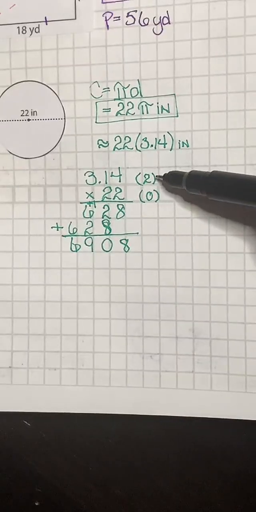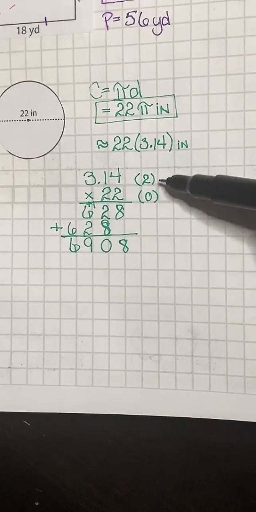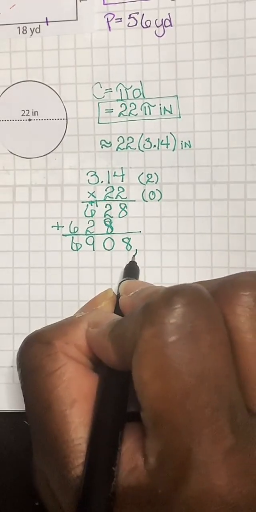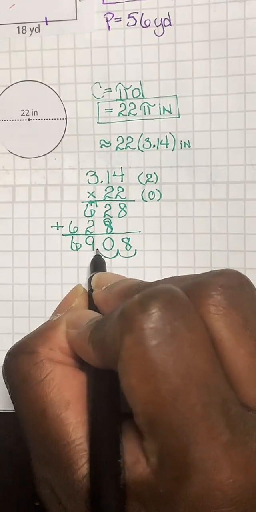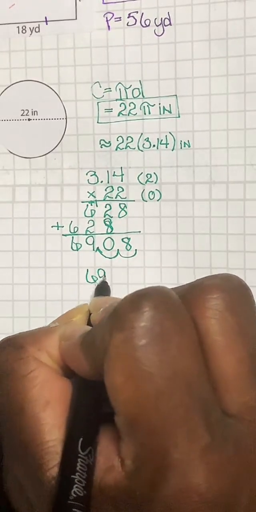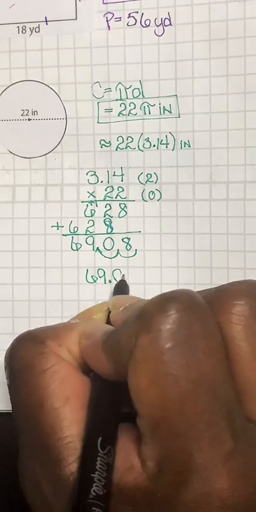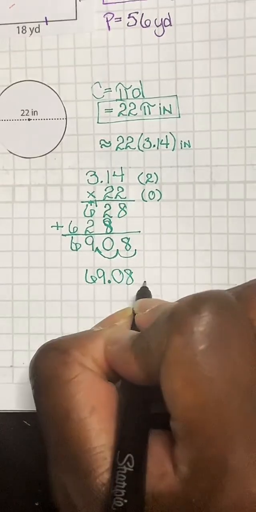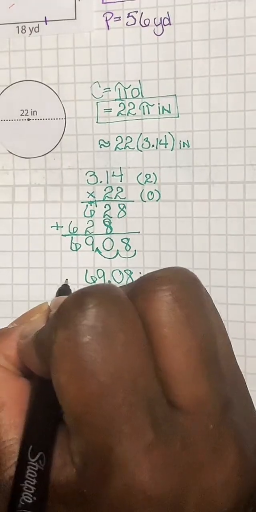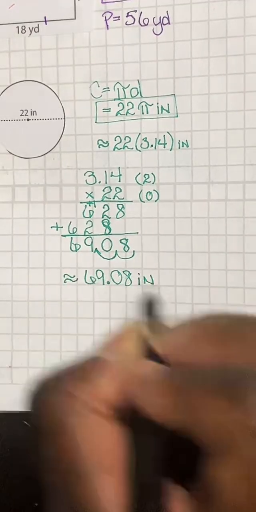But now I gotta look at my placeholders. This has 2 decimal places, so I'm starting here at the end and counting over 1, 2. So my official answer will be 69.08 inches. And I'm going to use my approximate sign.